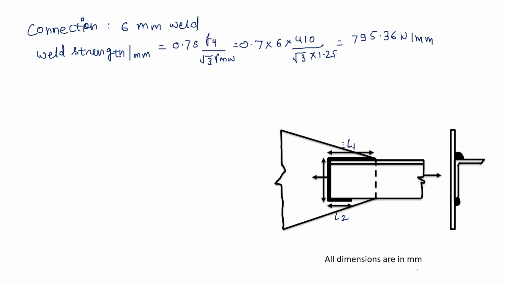Now we require centroid of this, and we have 18.9 centroid of this. So this is 18.9. Now we can have moment about L1.